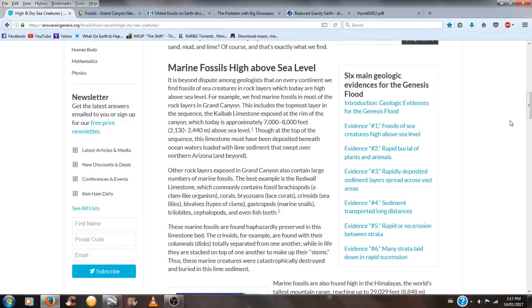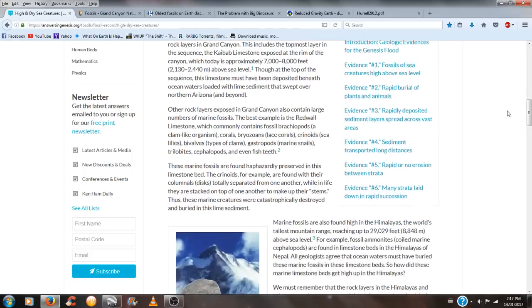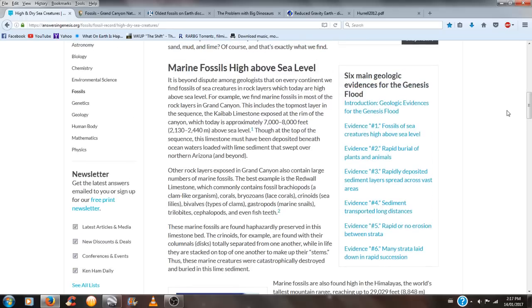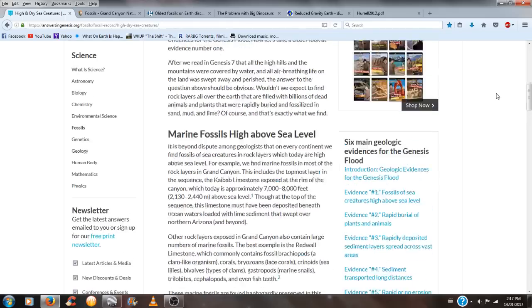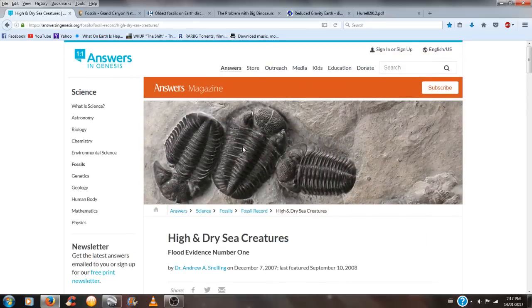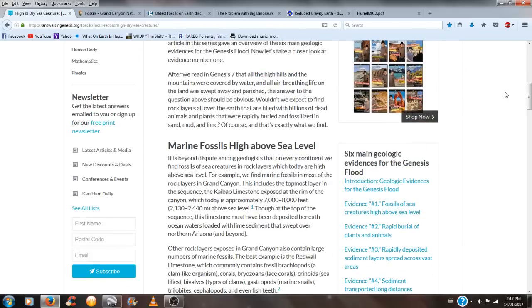This page here is trying to show you the correlation between the Great Flood and fossils, basically saying that because of the flood, these fossils were deposited onto the land in mountaintops and then were left there after the waters subsided.